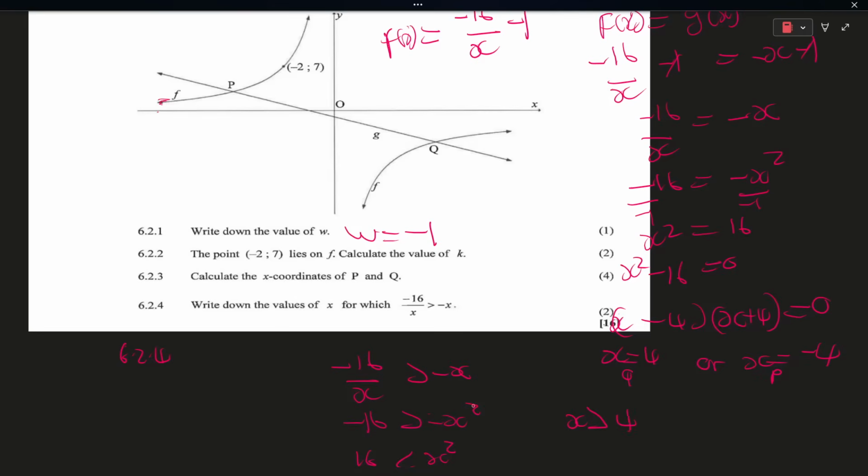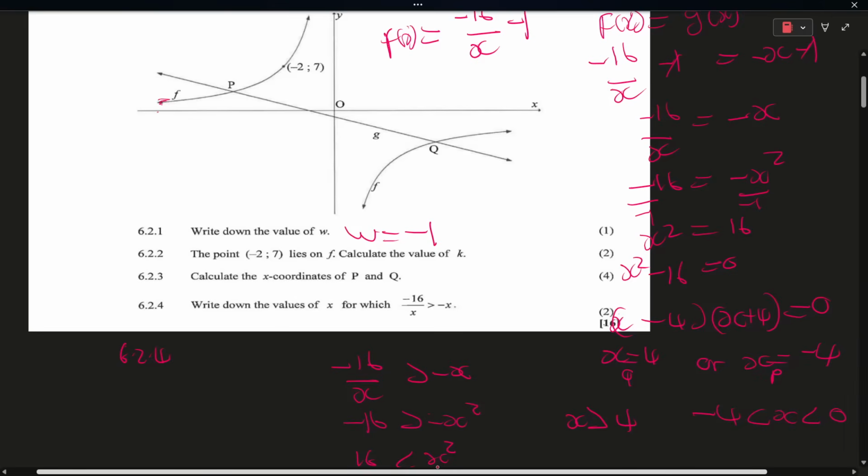And the other answer is going to be -4 up to 0, because it is an interval. Actually, we want where the graph of f(x) is greater than g(x).